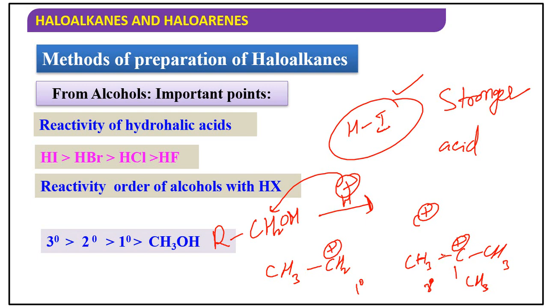The tertiary carbocation gets electrons from three groups, so it is more stable and the primary is less stable. That's why tertiary haloalkanes are more reactive than primary. The reason is carbocation stability.